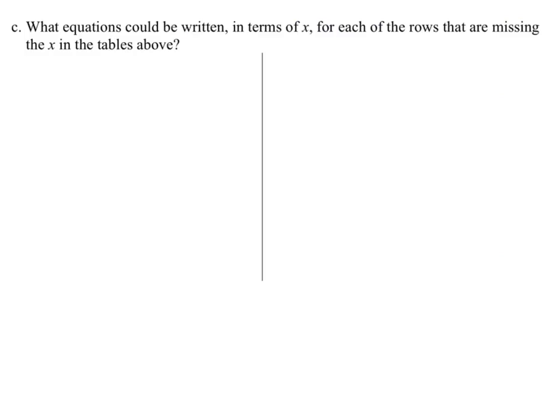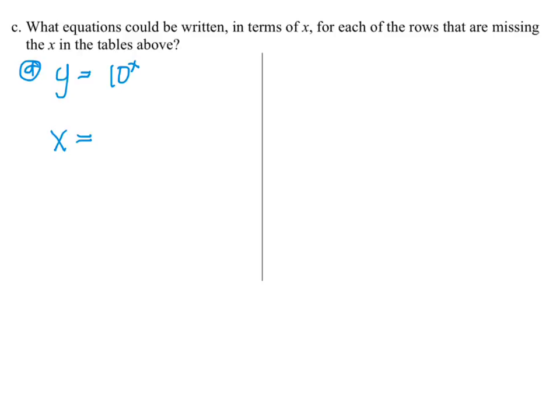For each of these tables, I want to know what equations could have been written in terms of x for each of the rows that are missing the x values. For table A, I had that y is equal to 10 to the x. I'm wanting to rewrite this as x equals something with a y.